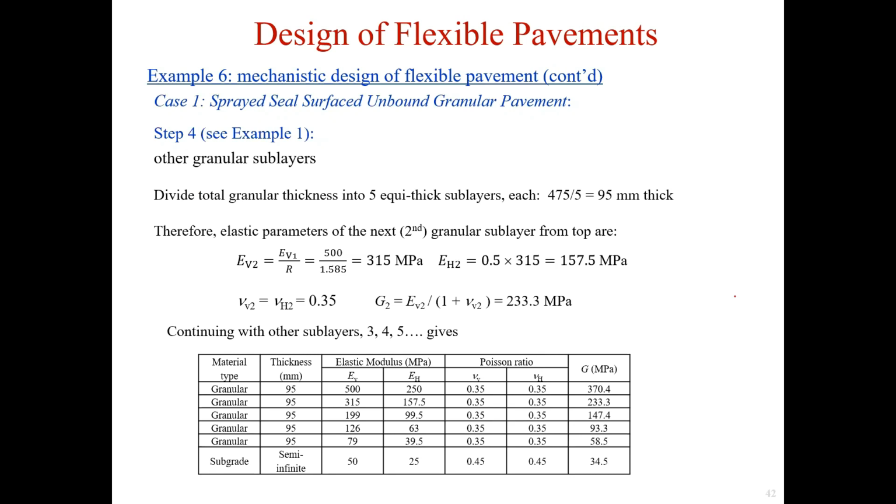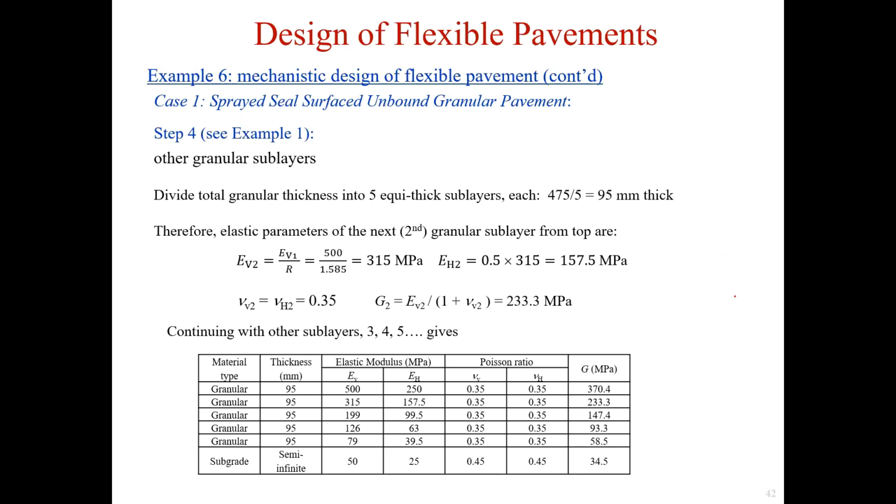Step 4 is the calculation of the elastic parameters for the other granular sublayers. We divide the total granular thickness into 5 equally thick sublayers, with 95 millimeters for each layer. The elastic parameters for the second granular sublayer from the top are EV2 equals EV1 divided by R, equals 315 megapascal.